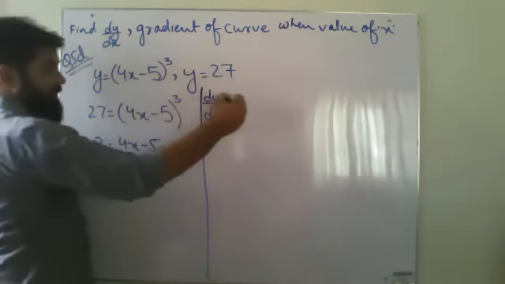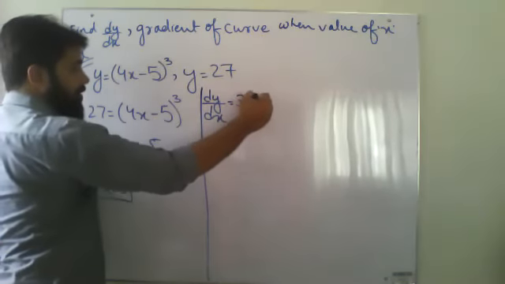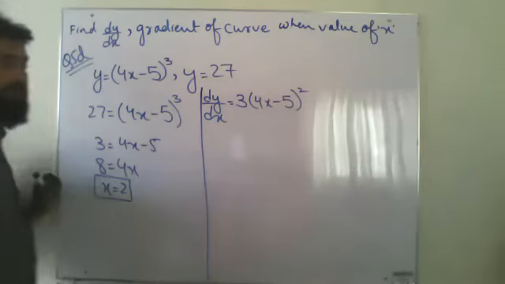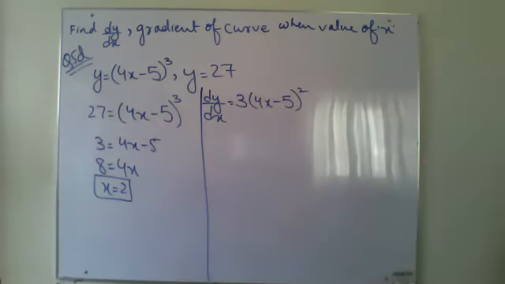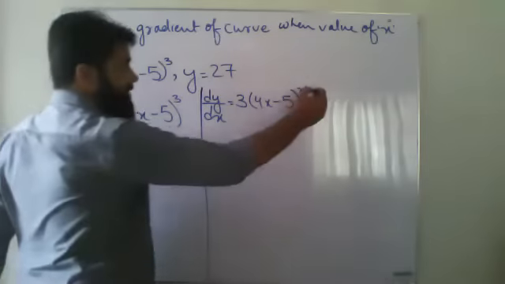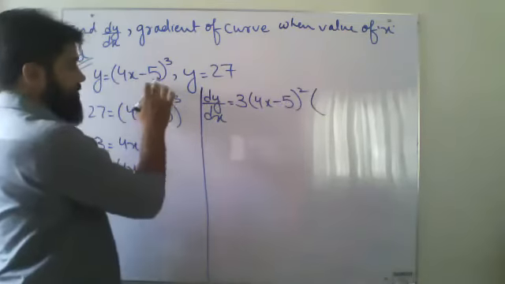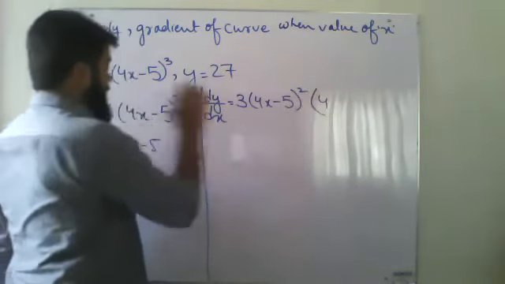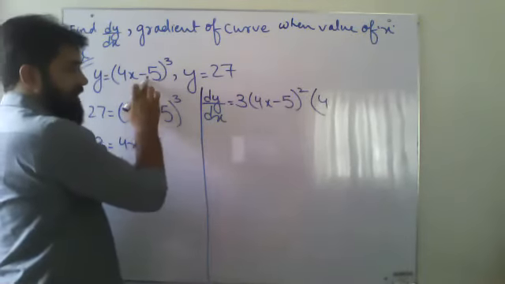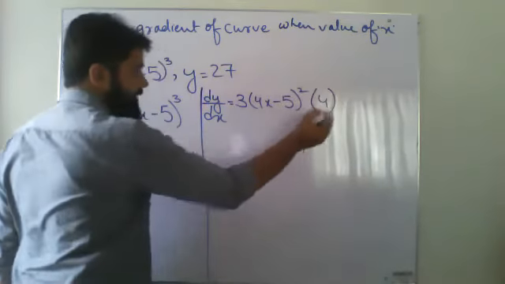Whole power is there, so the power will be written before the bracket and the power will be reduced by 1. That's my first step. After that, whatever is written inside the bracket, I will be differentiating that. 4x minus 5: differential of 4x will be 4, and differential of minus 5, which is a constant, will be 0.